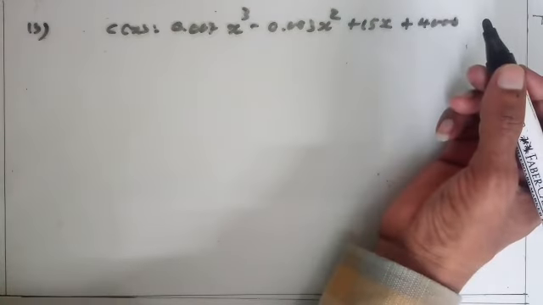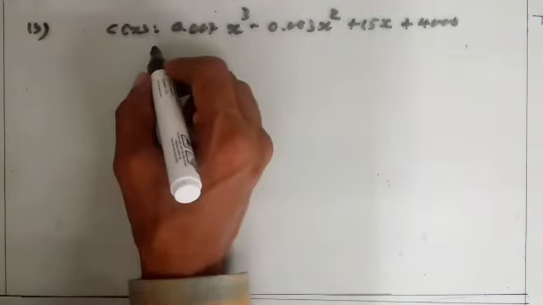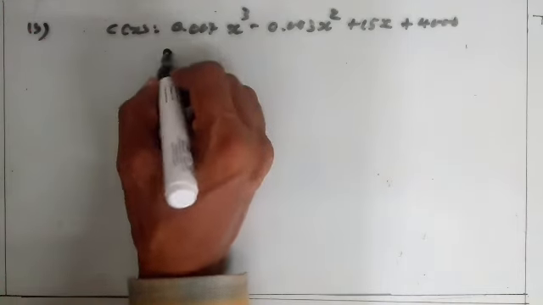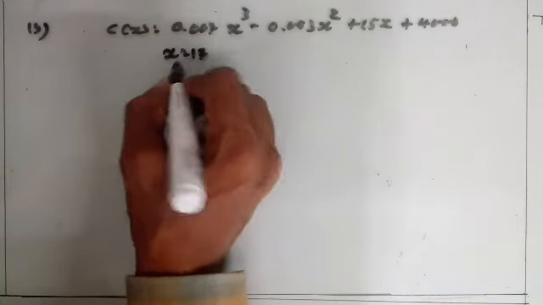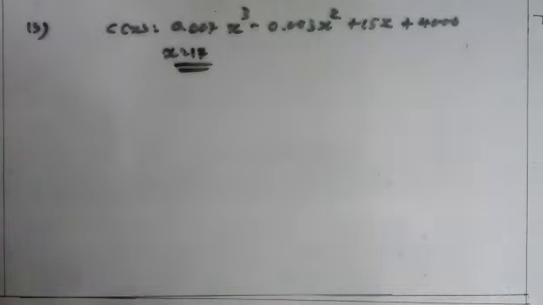Find the marginal cost when 17 units are produced, that is x is equal to 17 units. Then find the marginal cost.